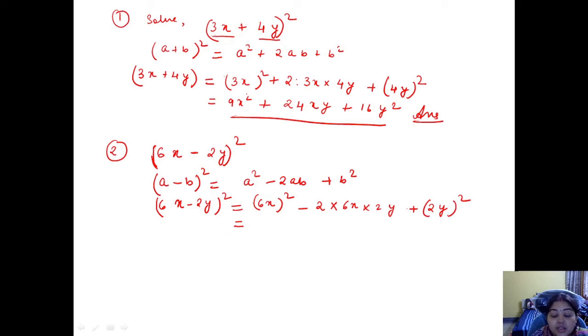Okay, so here we get 6's whole square will give me 36x square minus, here 6 2's are 12, 12 2's are 24 again, so 24xy plus 2 square is 4, 4y square. So this is my answer. Okay. Now, let us solve another equation.